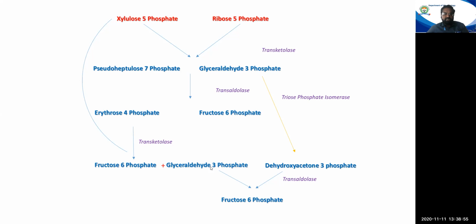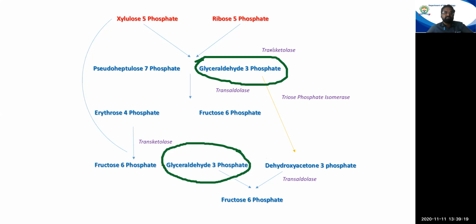Okay, this glyceraldehyde 3-phosphate may directly enter into the EMP pathway and will be converted to pyruvic acid. Okay, or if suppose this glyceraldehyde 3-phosphate is not entering into the EMP pathway, and again this one also is not entering into the EMP pathway, so what will happen? This glyceraldehyde 3-phosphate will be converted to dihydroxyacetone 3-phosphate, and again a condensation reaction will occur.